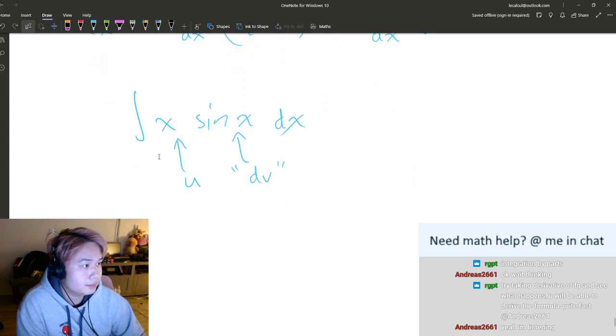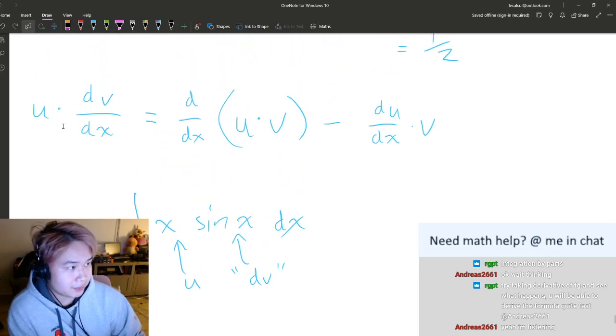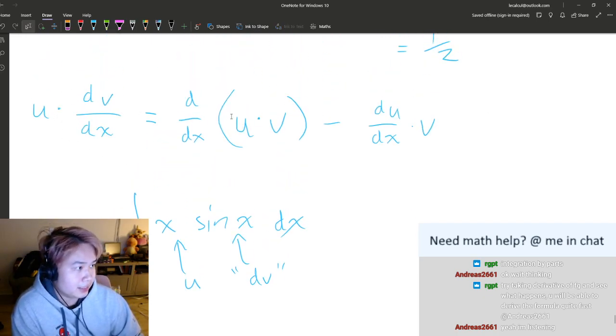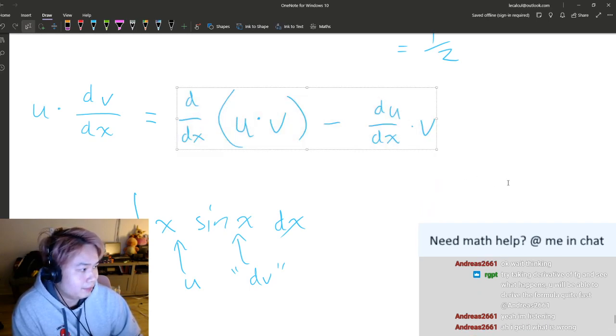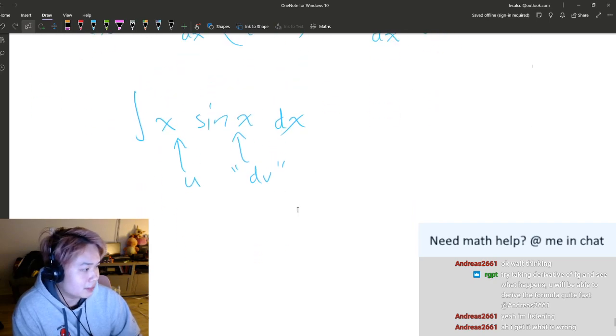Okay, so instead of actually trying to find the integral, instead we know that it's equal to this, and maybe this right side is easier to work with.